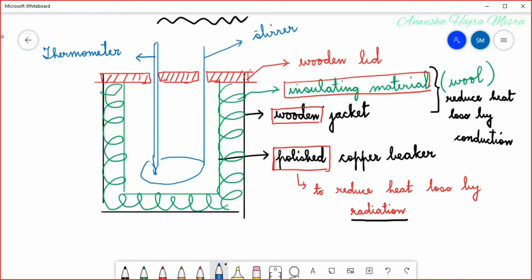The wooden lid on top. Convection always occurs upward. The wooden lid on top prevents heat loss by convection.